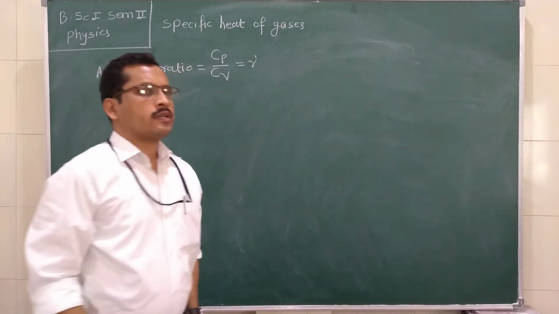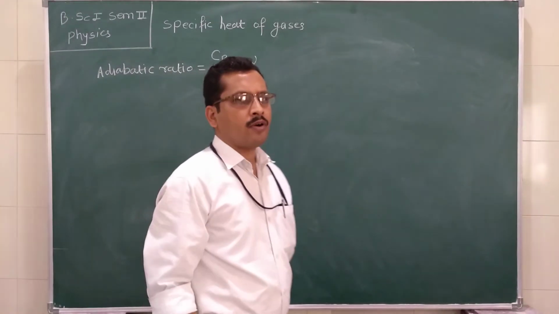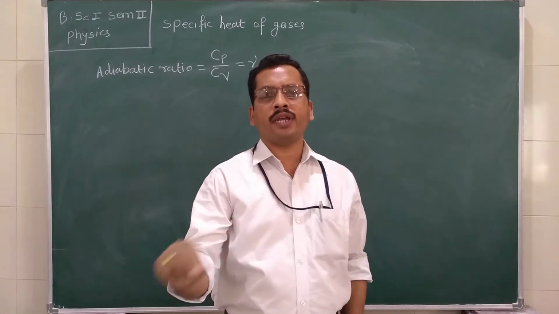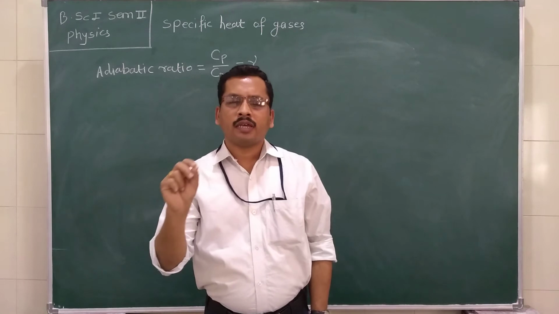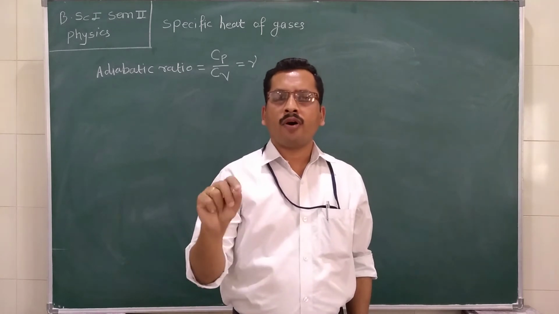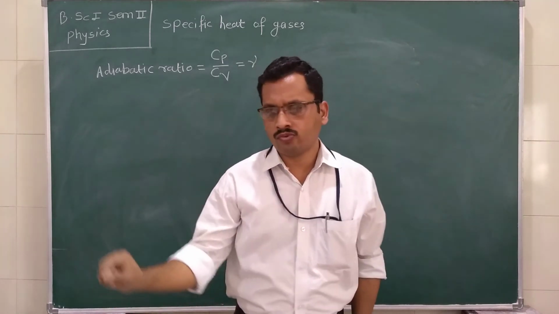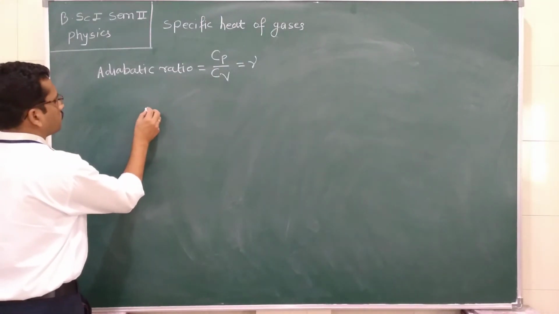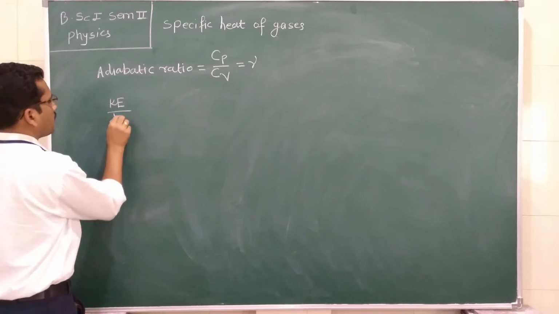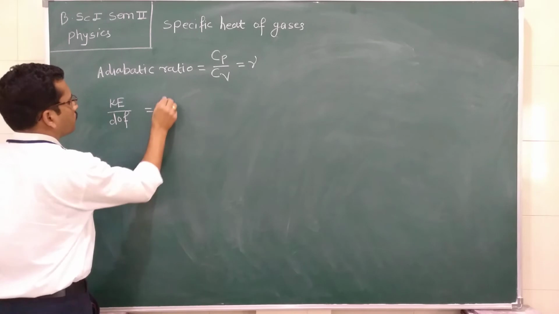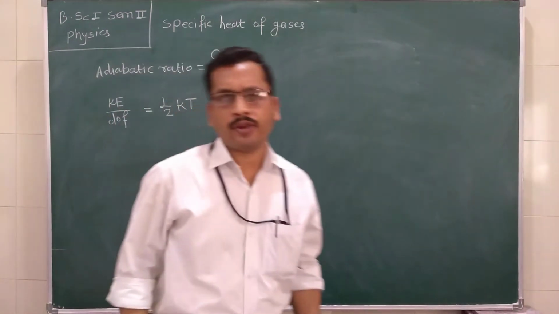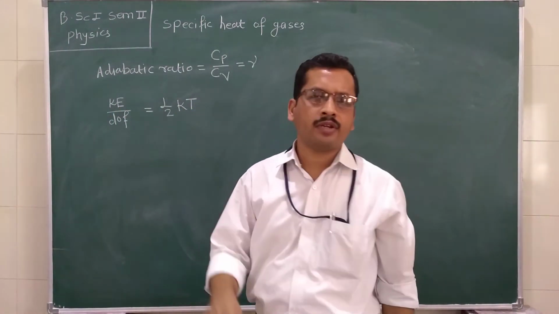In the last lecture, we learned about the average kinetic energy of a gas molecule per degree of freedom, which is equal to 1 by 2 kT, where K is the Boltzmann constant and T is the absolute temperature.